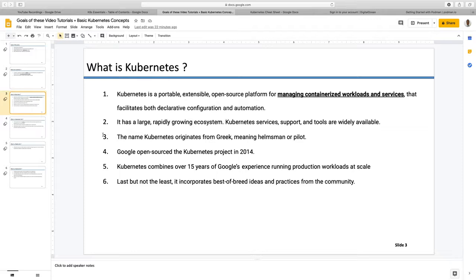What is Kubernetes? Kubernetes is portable, which means it can be run on any kind of environment, right? Extensible, you can customize it according to your requirements. It is open source, by the Cloud Native organization, and it manages your containerized workloads and services, the code that you would have written and that is running in production.